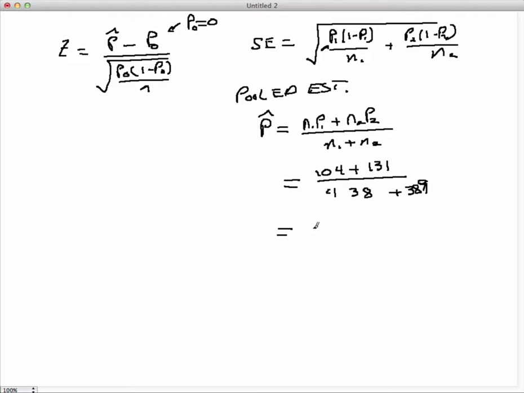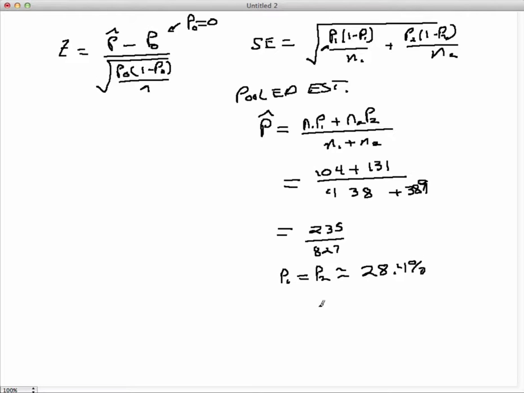Well, that's going to be 235 divided by 827. So the pooled estimate, which we're going to use for both p1 and p2, is that p1, which is equal to p2, is going to be approximated by 28.4%.